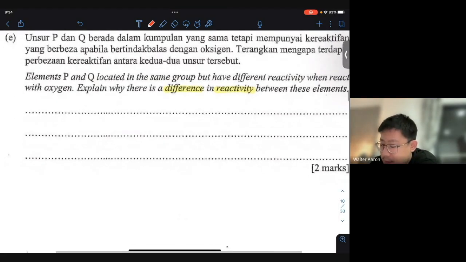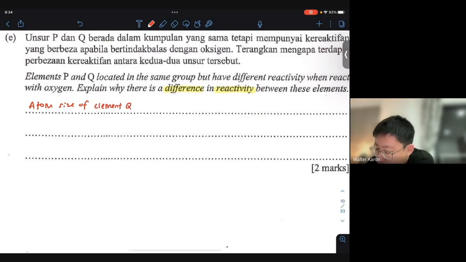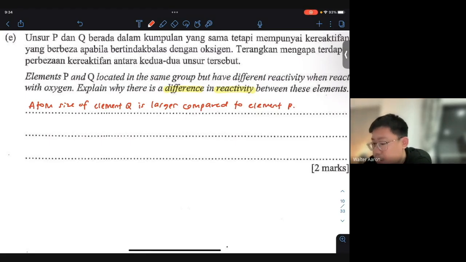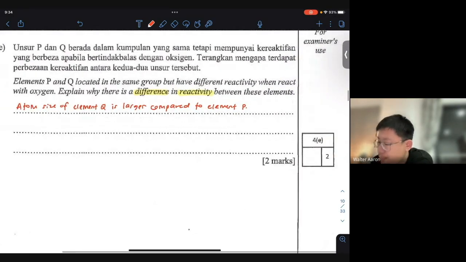So you can just explain that atom size of Q is larger compared to element P. Okay.